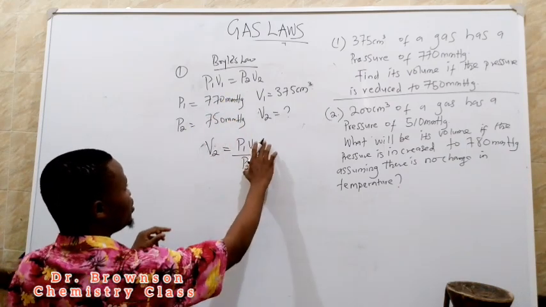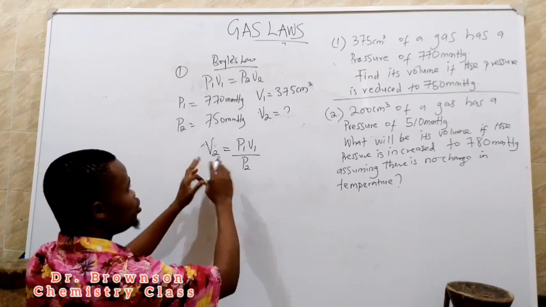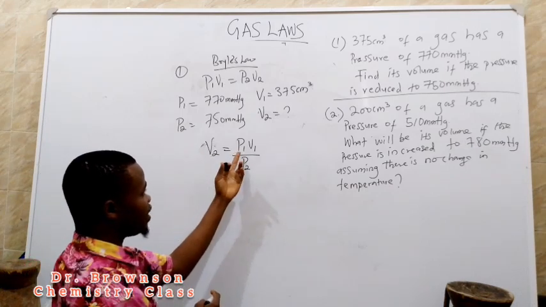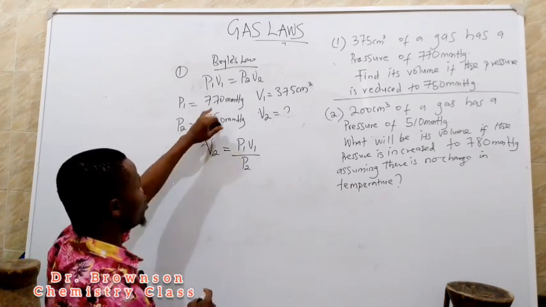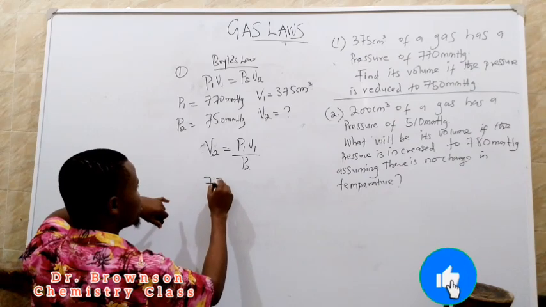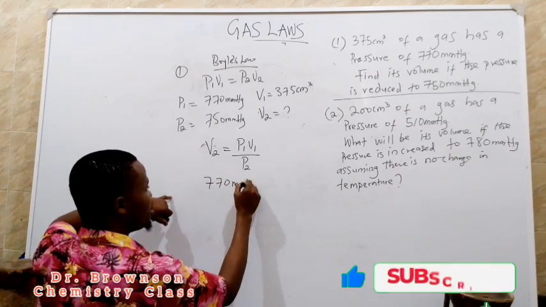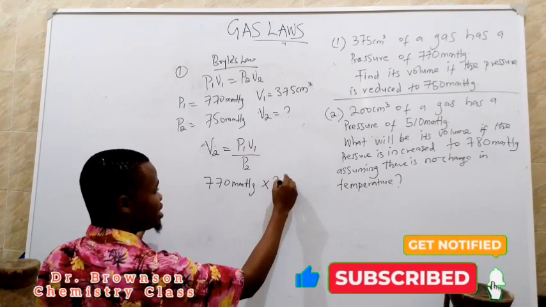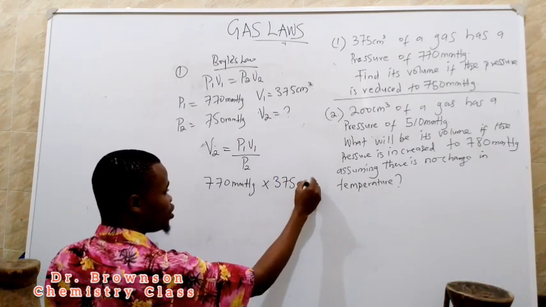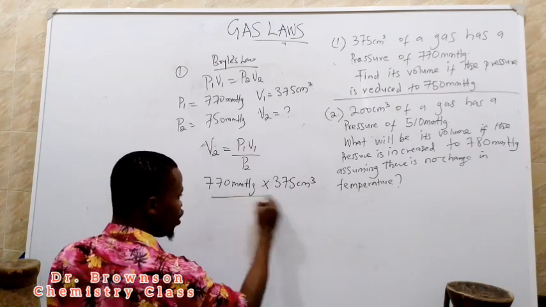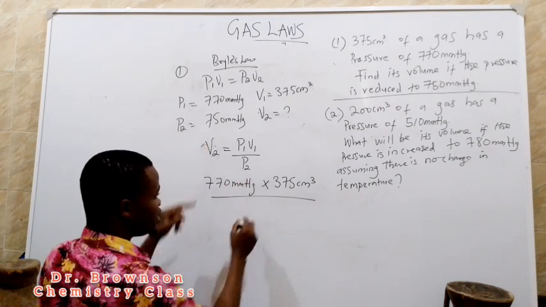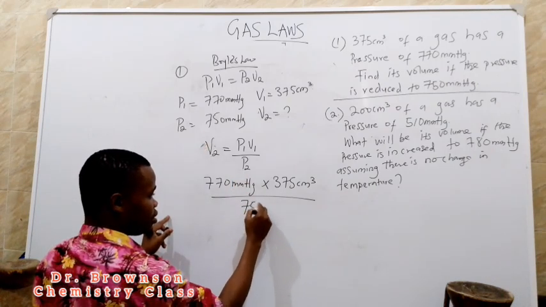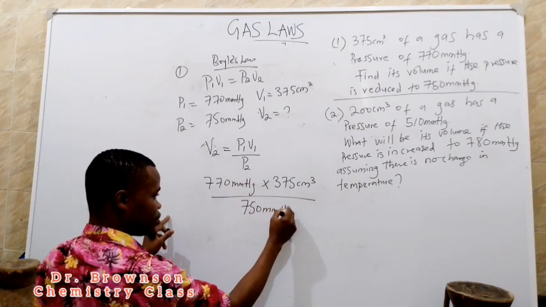So having written that, now you do what? You substitute these values, right? So P1 is what? Is your 770 millimeter mercury times the V1, which is what? 375 centimeter cube, all over P2, which is what? 750 millimeter mercury, right?